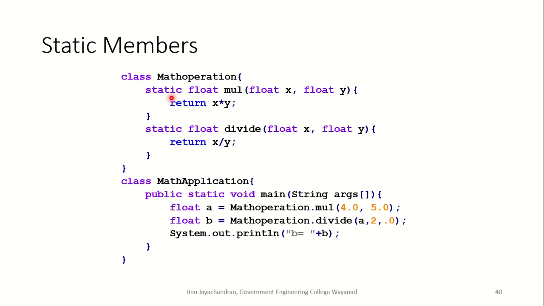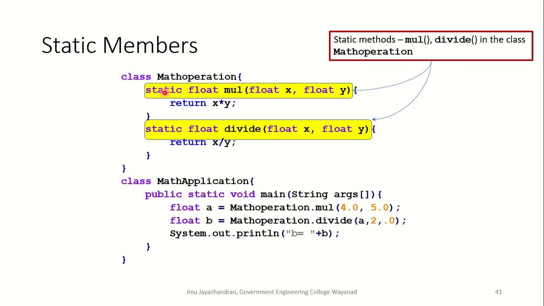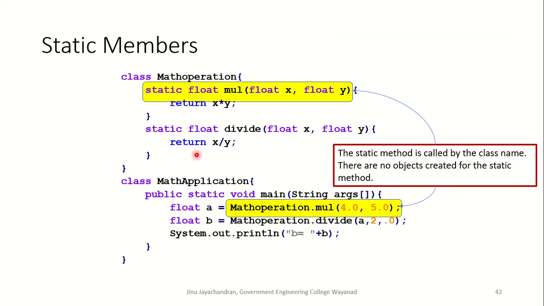You see these two methods. We have declared a class MathOperation. It has two methods, mul and divide. Both are static. There is a class MathApplication in which we have defined the main function, and the main function calls the methods mul and divide. The static methods mul and divide have input arguments x and y, do the required functionality, and return the value.